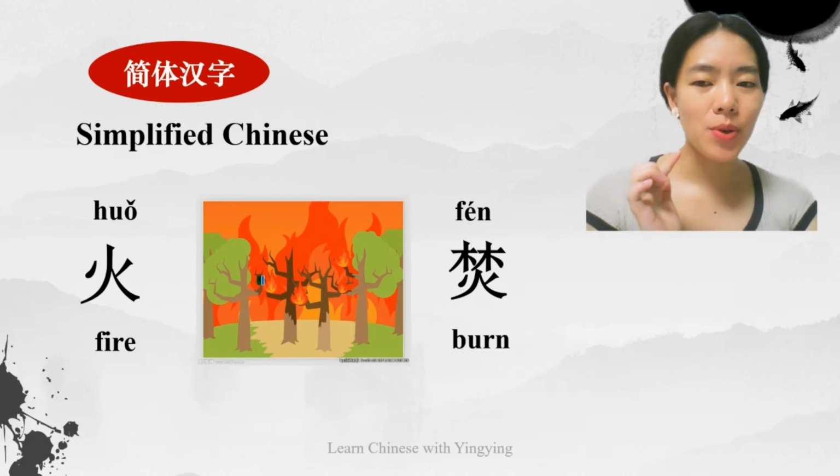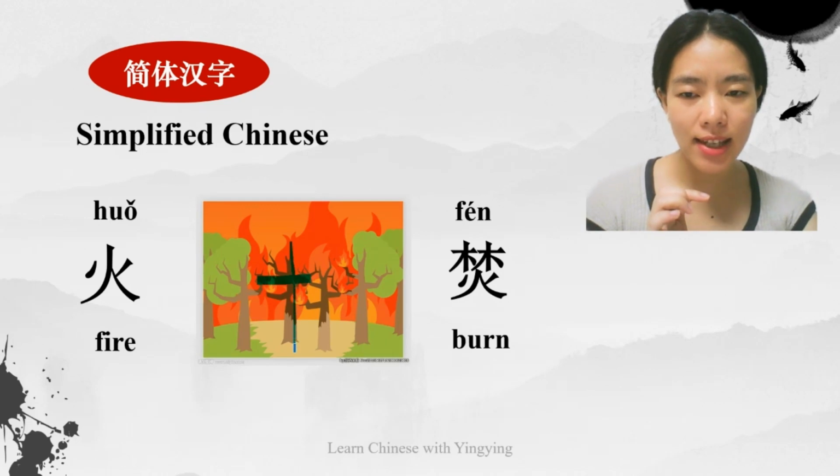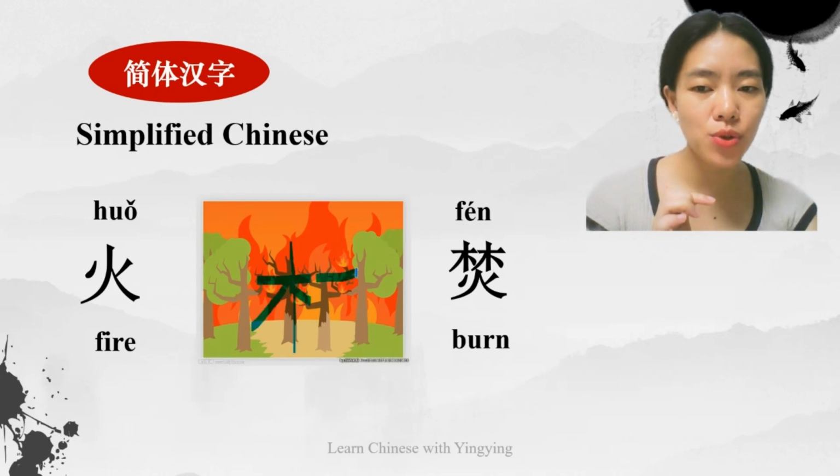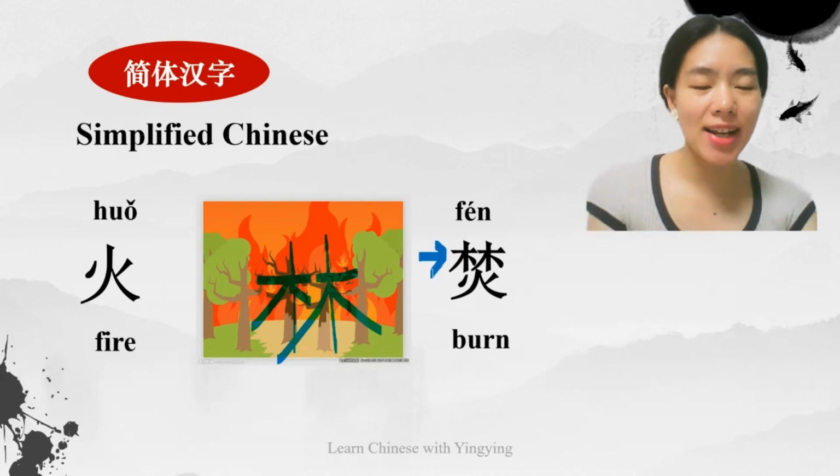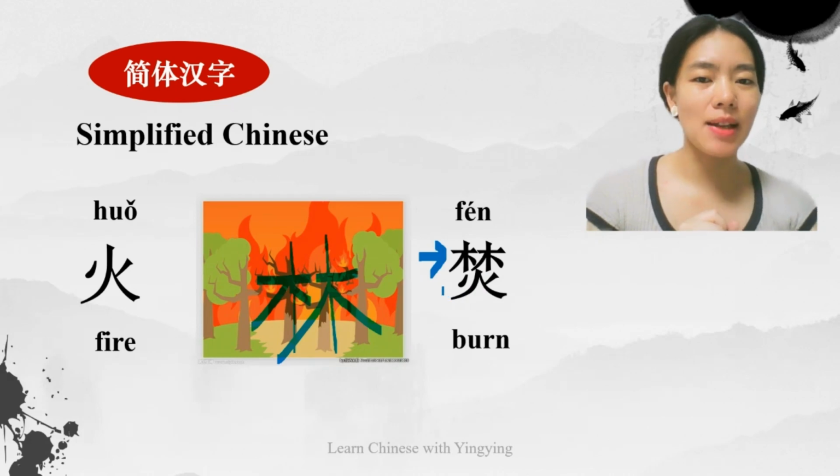You remember we learned in our previous lesson, this is a tree, the word tree, right? And two trees mean a forest. So on top of it is the word that means forest, and a fire at the bottom of it. So it means burn. And the pronunciation of it is 焚, 焚.